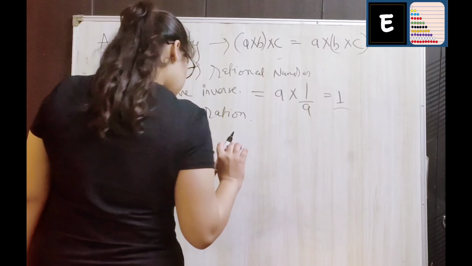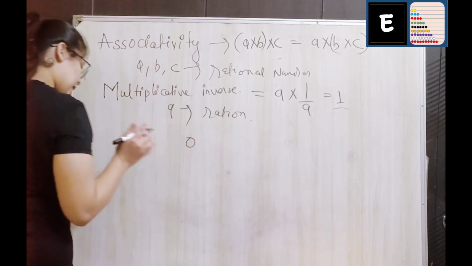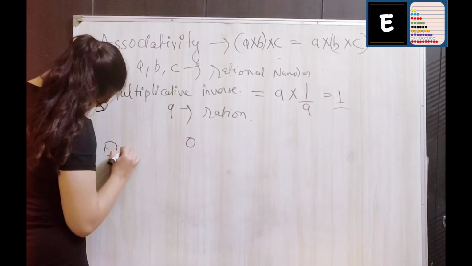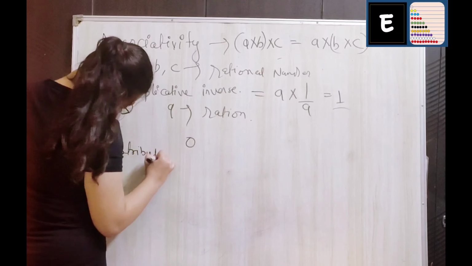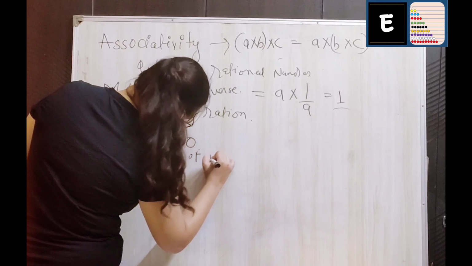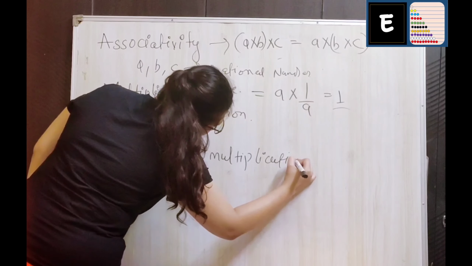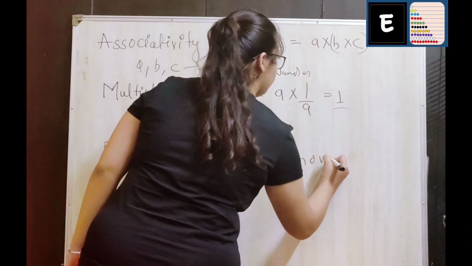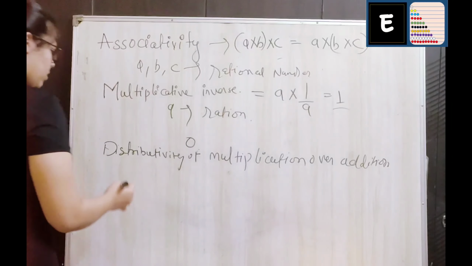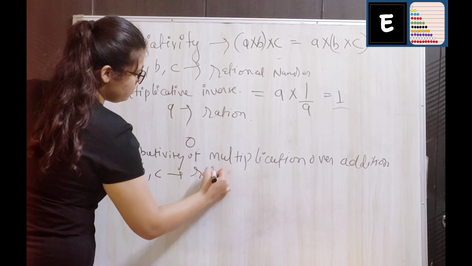Next we have distributivity of multiplication over addition. Let's assume a, b, c are three rational numbers.